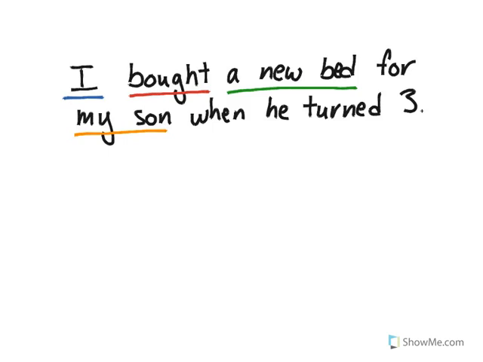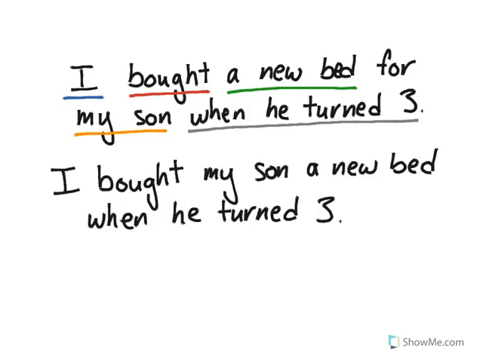But we still have more in this sentence. We have when he turned 3, the when. We can leave that in the same place at the end of the sentence. So if we rewrite that sentence, it becomes, I bought my son a new bed when he turned 3.